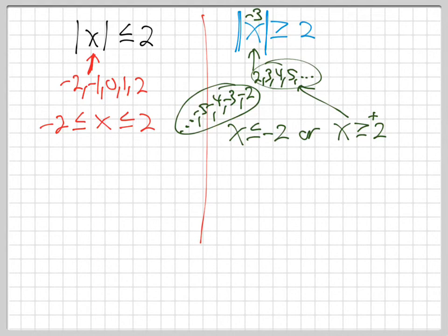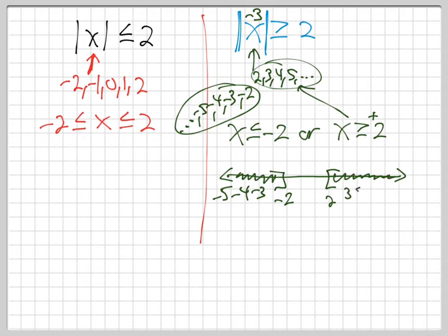Does that make sense? Maybe a number line would help just to visualize it. On a number line, what we're seeing is all the numbers from -2 this way, like -3, -4, -5, etc. And all the numbers from 2 on up, like 3, 4, 5, and on you go.